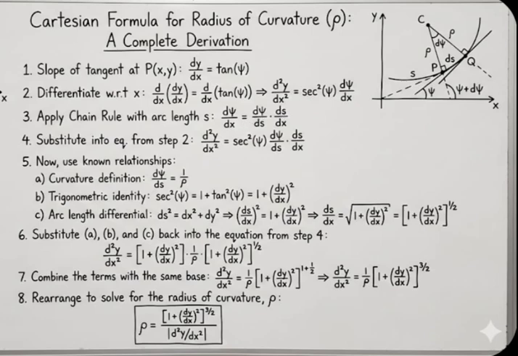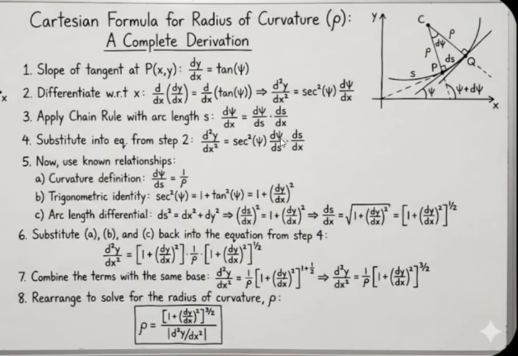Why are we applying the chain rule here? Because psi is a function of the distance traveled s, the distance along the curve, and again the distance along the curve is a function of x. Therefore, d psi by dx is equal to d psi by ds into ds by dx.